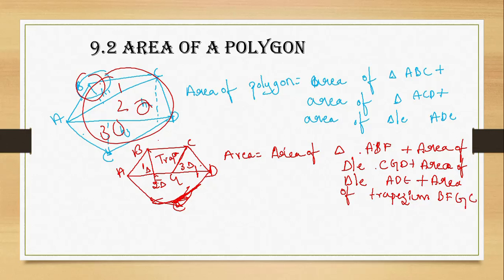If we do the sum of these 4 things, we can get the area of the polygon. First we want to find the area of the first triangle, second triangle and third triangle, then we find the area of the trapezium, then we get the total area of the pentagon.